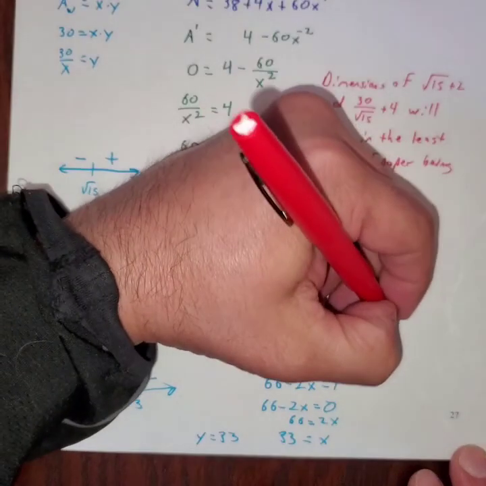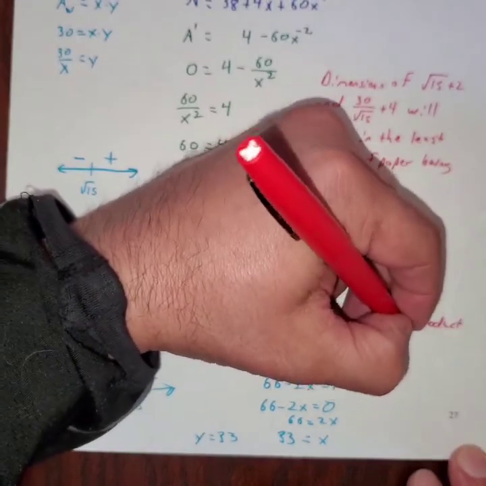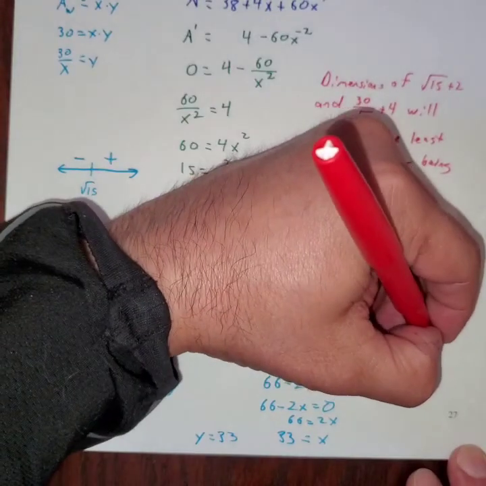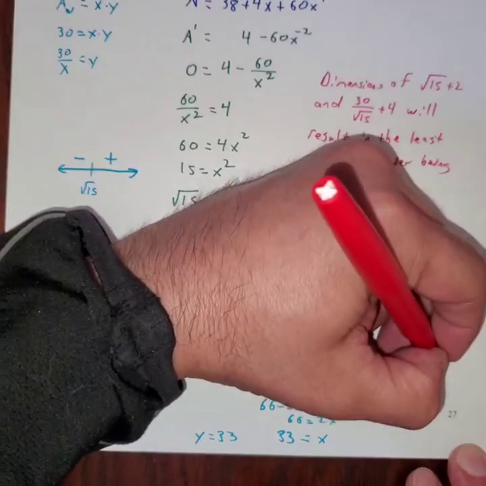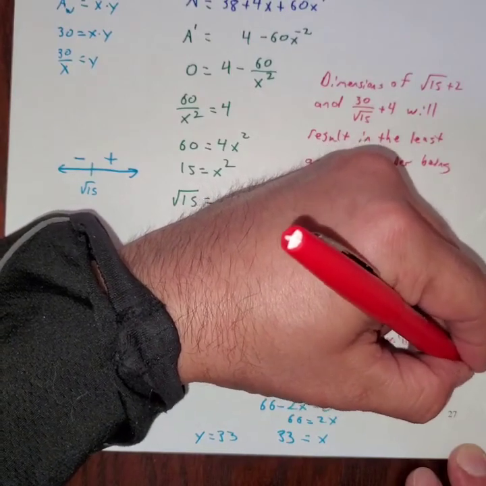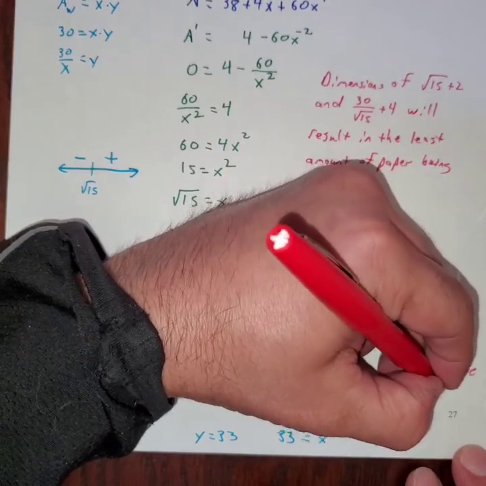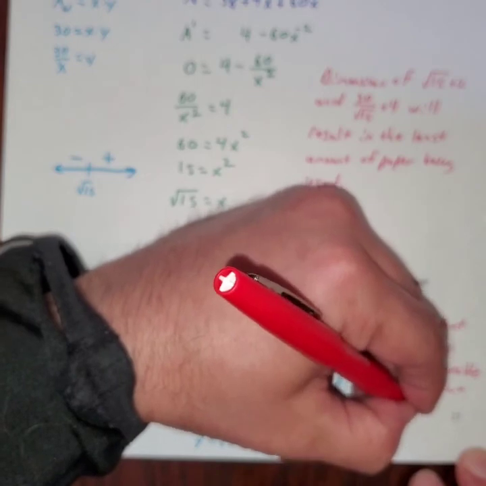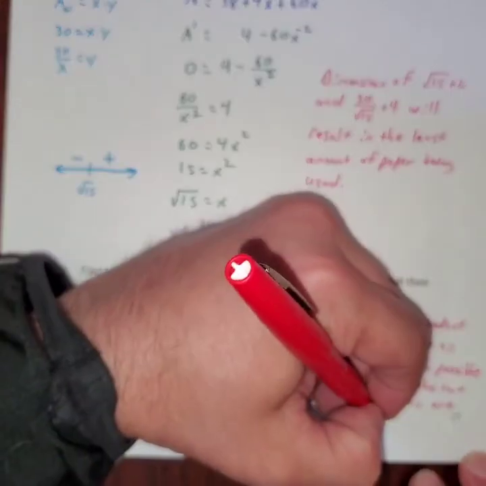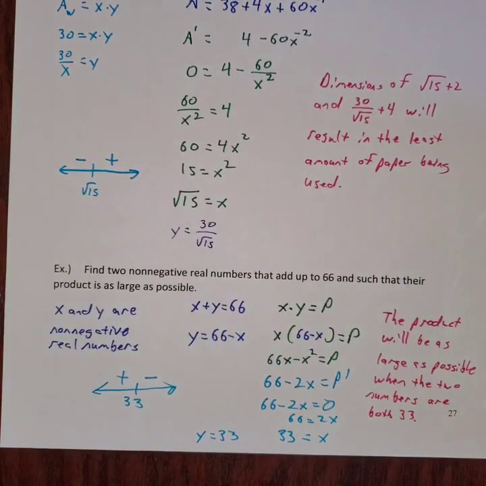So the product will be as large as possible when the two numbers are both 33. Alright, so that was finding a maximum value.